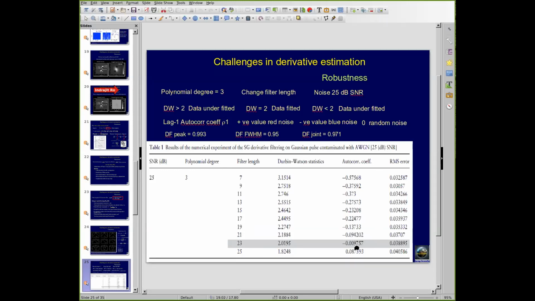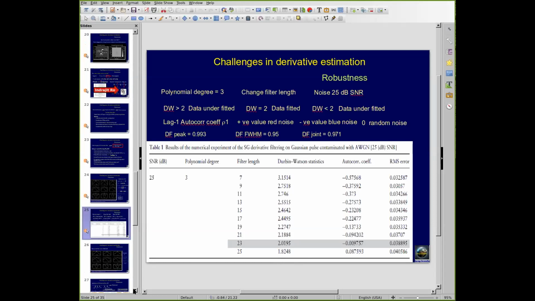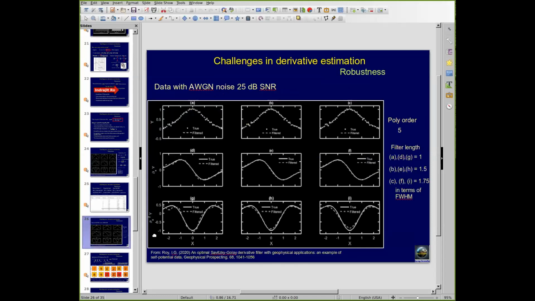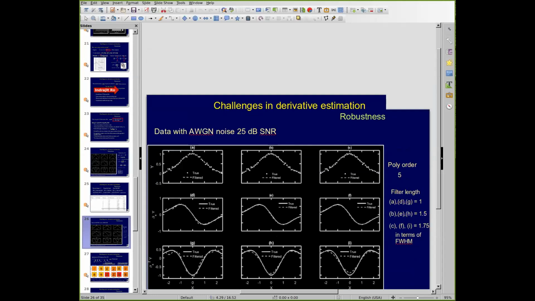That means it's fitting, and the RMS error is around 4% of the trend. So we use this one for the higher noise, with 25 dB noise.